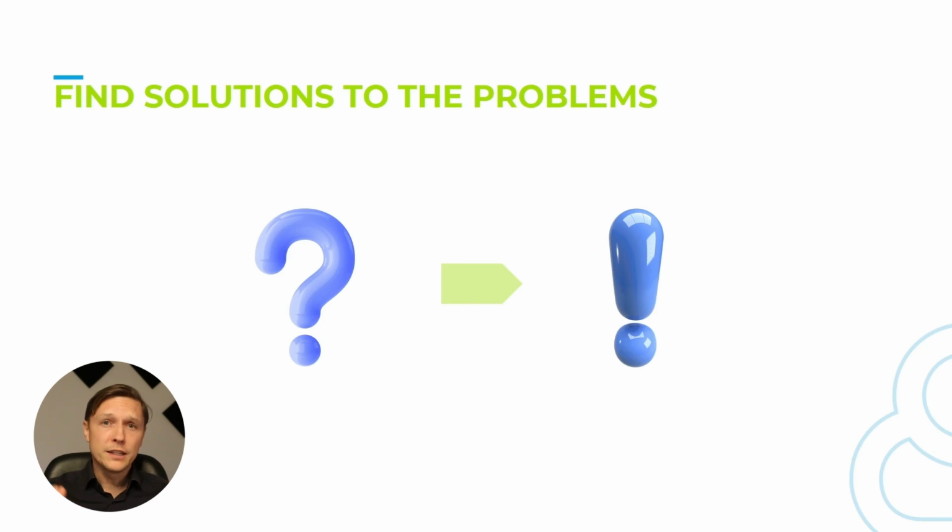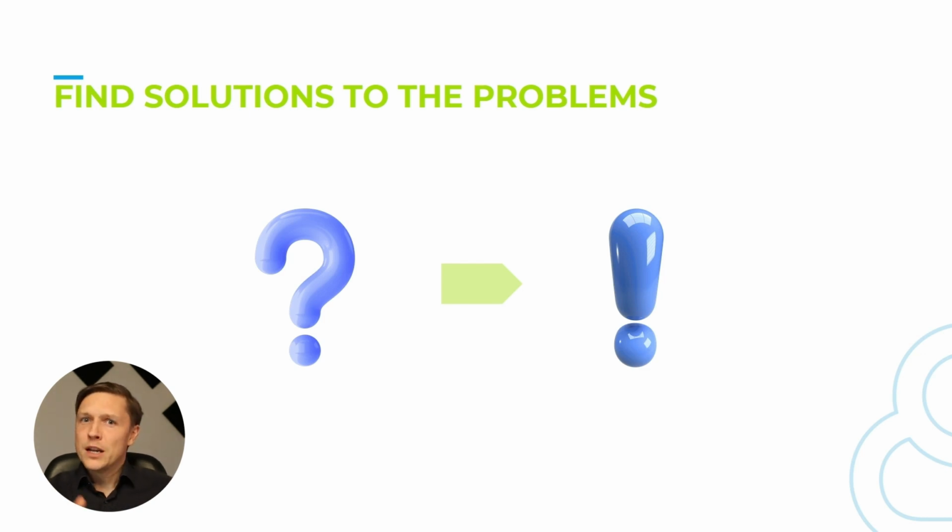This can be very easy. If, for example, my clients have the problem that they have to talk to their boss and convince them, you could write, for example, a short ebook that says how to convince your boss that video marketing is the way to go, or how to convince your boss of a new campaign.